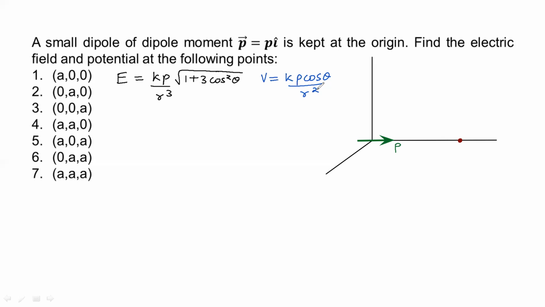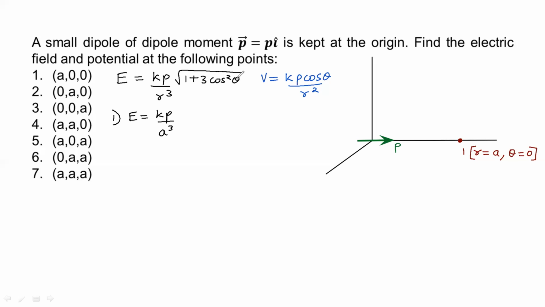All right. So this is point number one. Coordinates are a comma 0 comma 0. Now for this point number one, what is the value of r? The value of r is a and the value of theta is 0. So let's just plug in the values. The first answer would be E is equal to Kp by a cube times root of 1 plus 3 times cos square 0.